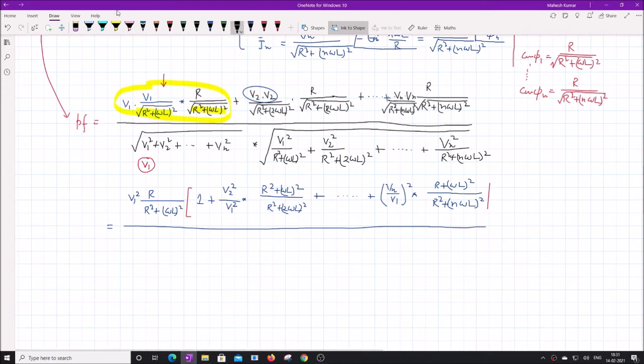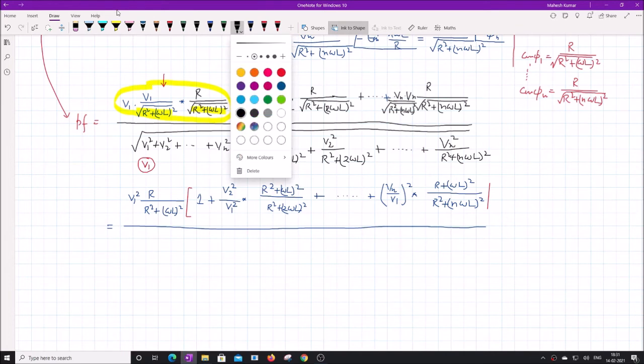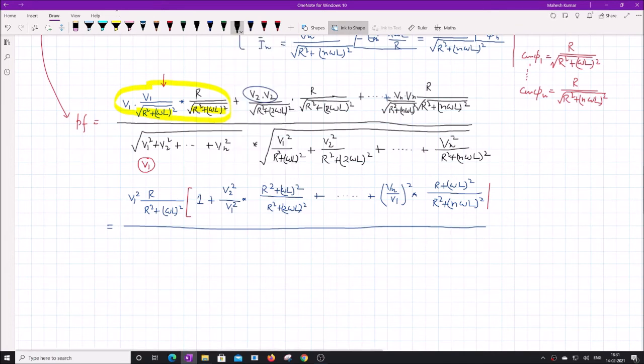what is here? V1 square is common from this, so it will come out. So I will take V1 here, so it will become V1 square here, because it is common from this, and 1 is from this. So finally it is V1 square outside.